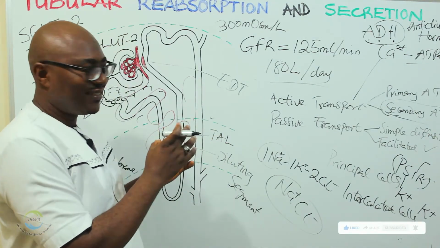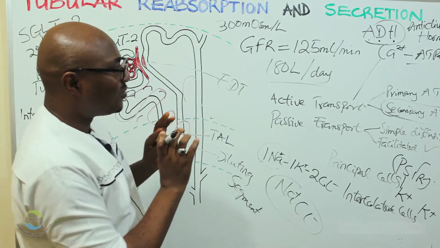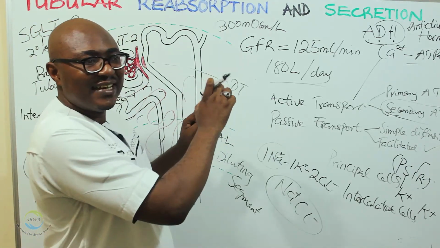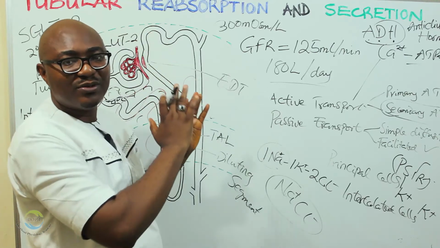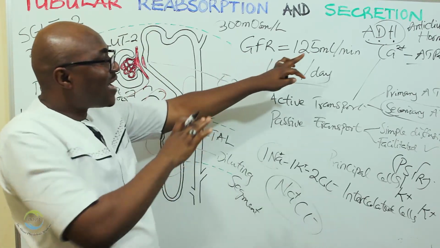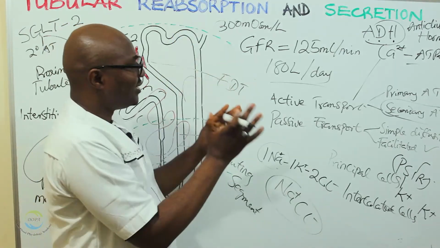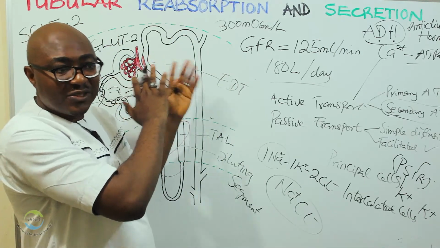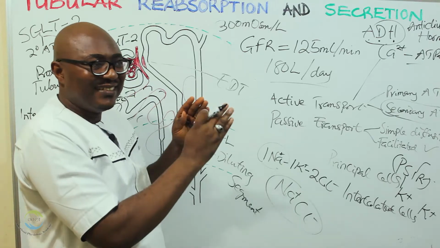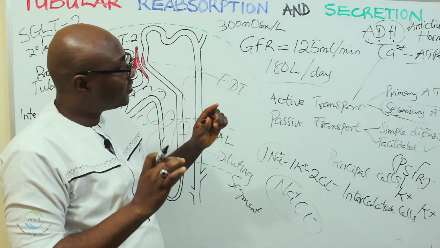They are proteins, water channels. Those water channels are now inserted, and then water can be reabsorbed. But if you don't have enough ADH, there are no water channels, and it is impermeable to water. So that's the regulation. The regulation is done by hormones.